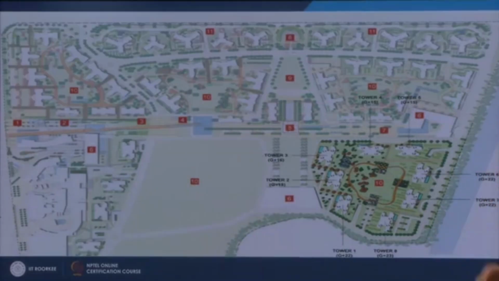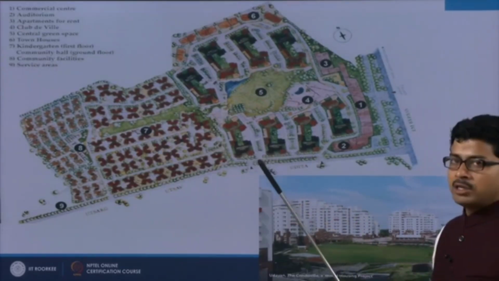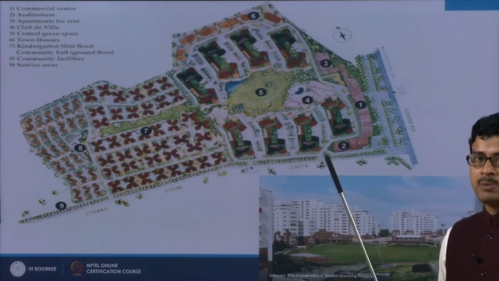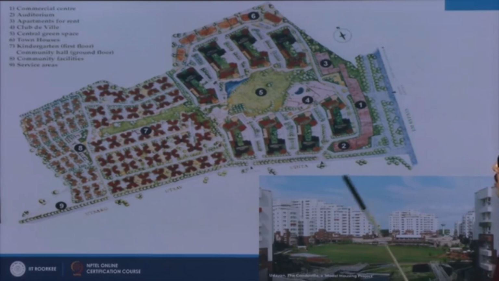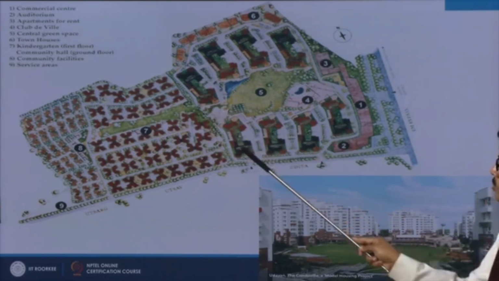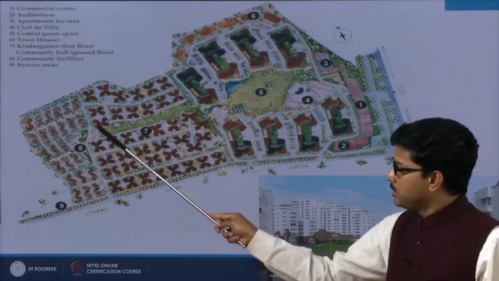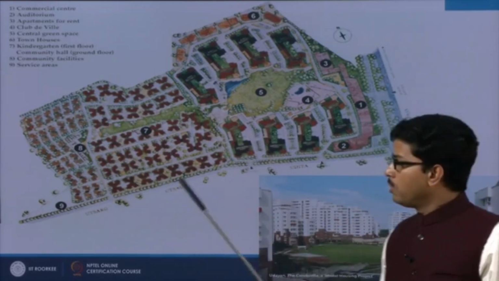Now, let us see an example where all the buildings are placed around a large open space and facility like this. This is the first project done as a public private partnership in India, in the city of Kolkata. You can see that this part is done for the higher income group, this part for the middle income group, and this part for the lower income group.